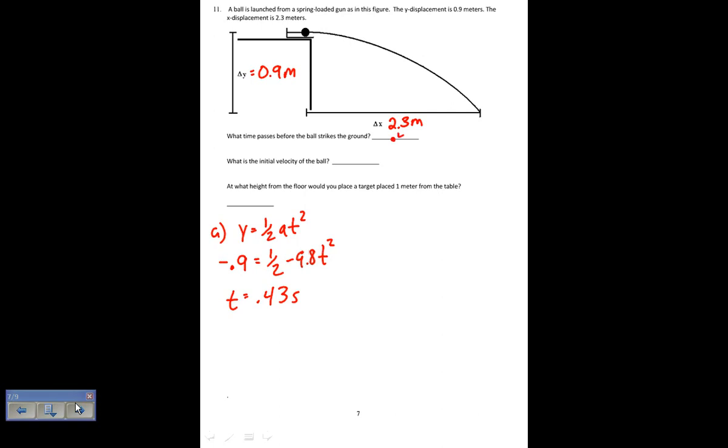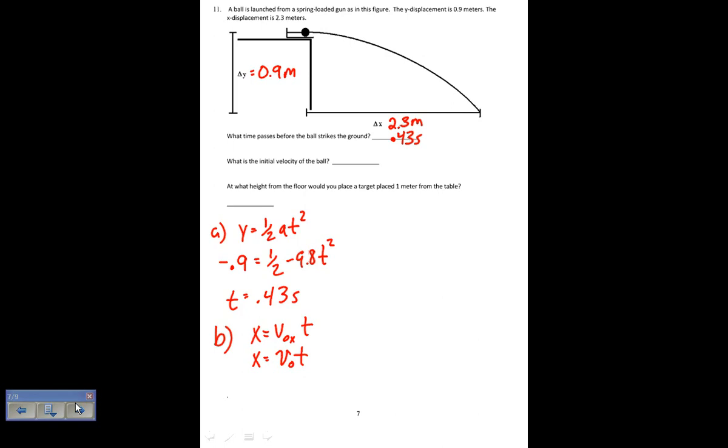So this is 0.43 seconds. What is the initial velocity of the ball? Well, I know that x is equal to v naught x times t. And since the y component of the velocity is 0, then the initial velocity v naught x is equal to the initial velocity of the ball.